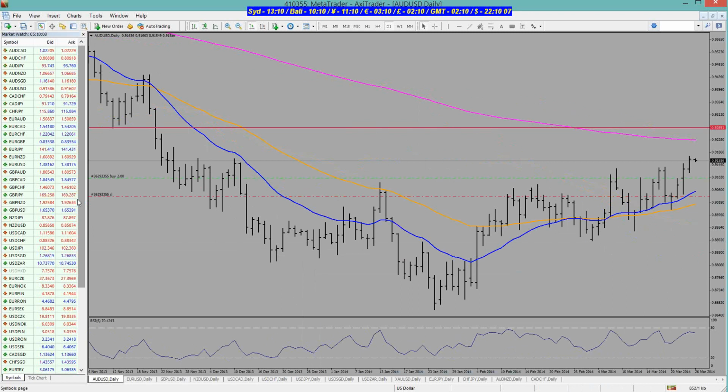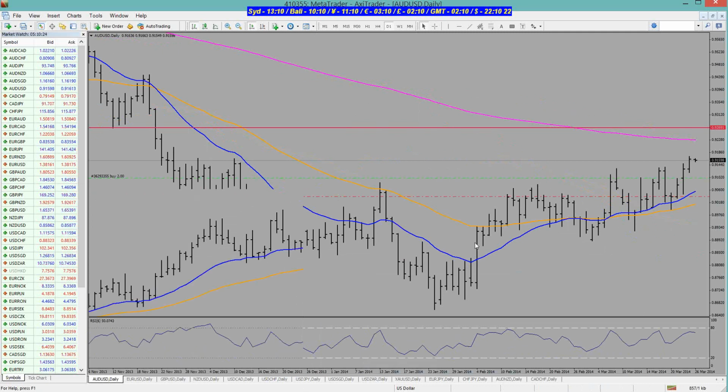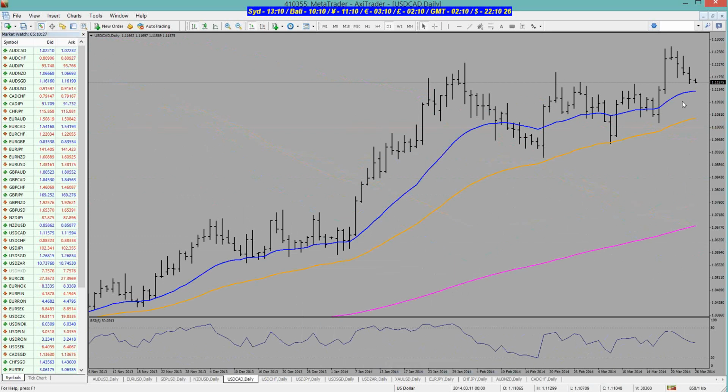You've drawn the horizontal resistance or support levels on the longer time frame, on the weekly. Let's look at the cable. We're clearly in phase 2, so you'll be setting this up, getting ready to trade this from there, and take it long.